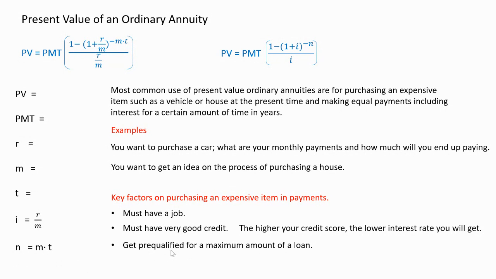Then when you see something that you can afford, something much lower, all those houses will not seem right because you were shown houses that were more expensive than what you can afford. That's why the best thing to do is to get pre-qualified for the maximum amount, and then the agent will take you to houses that you want to see that fit your budget. Okay. Now, let's do those two examples now.